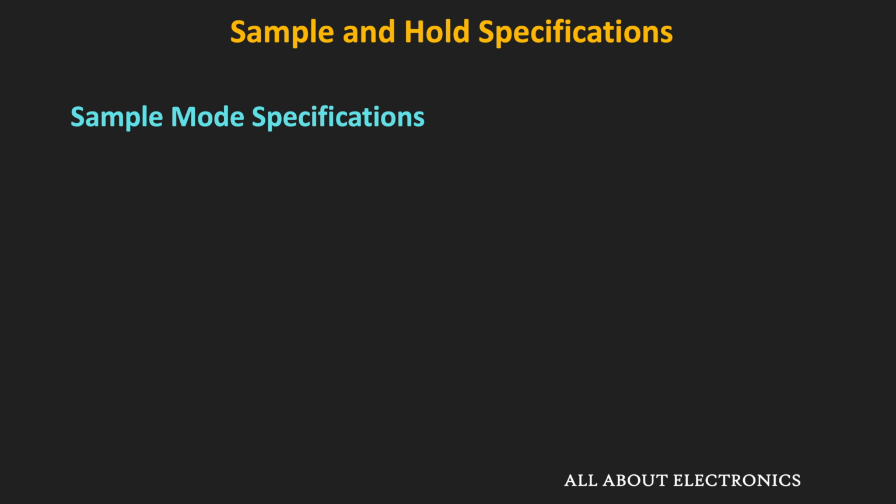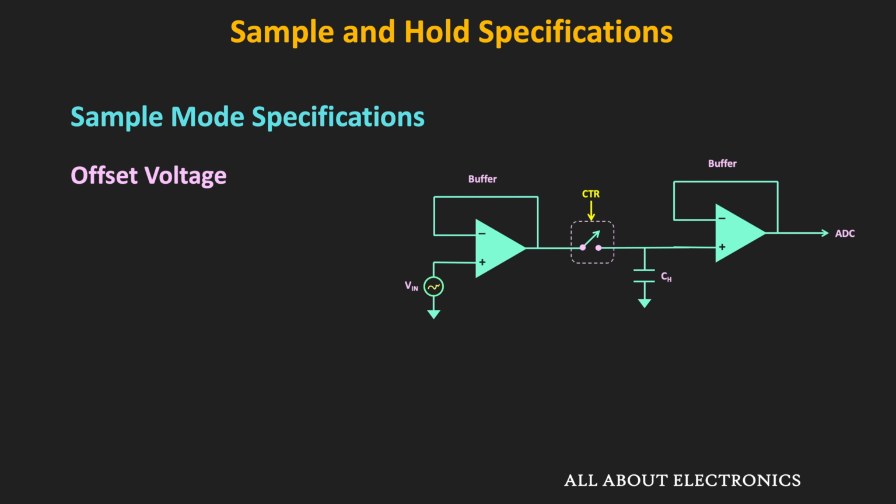One of the specifications for the sample mode is the offset voltage. Typically in this sample and hold, during the sample mode, the output should follow the input signal, right? That means ideally, the output of this buffer should be the same as the input signal. But sometimes, due to the offset errors of the op-amp, in the output we might see some DC offset. So typically, it is mentioned in the specifications.